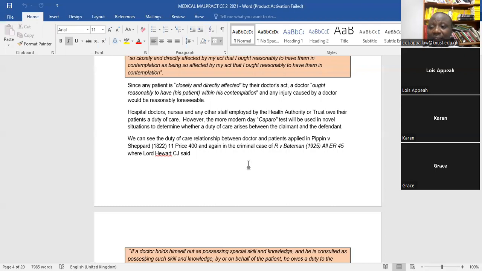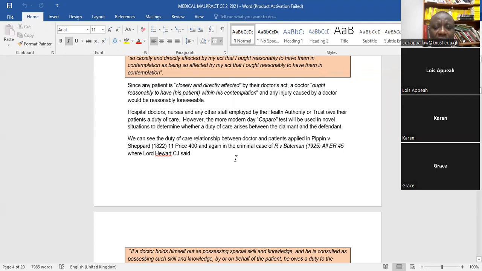And we noted that these three elements are conjunctive in the sense that you must be able to establish all of them before you can succeed in an action for negligence or clinical negligence, as it were.